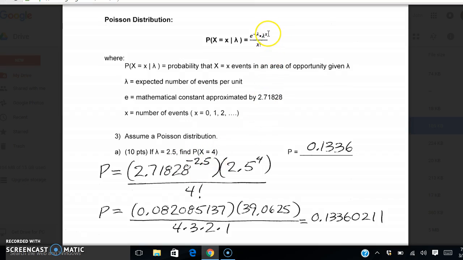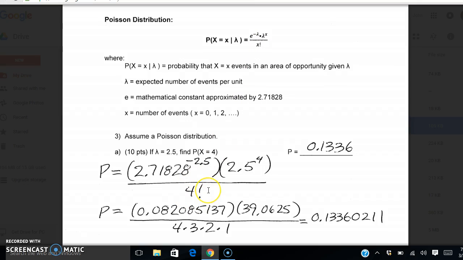That's going to be multiplied by lambda to the exponent of x. The lambda is 2.5, and the x is the exponent 4 right here. And then in the denominator of the equation we have x factorial.